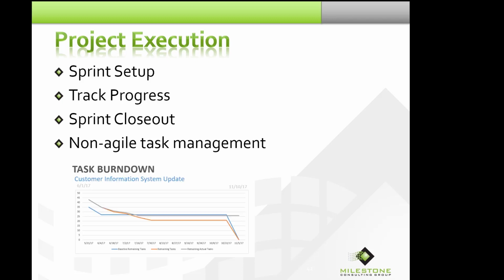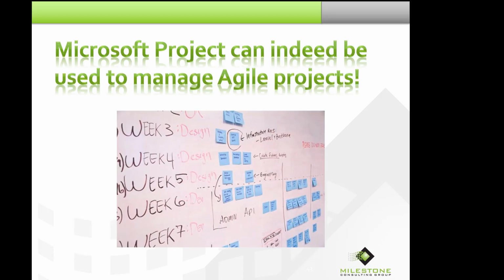And if you have non-Agile tasks inside your project schedule, make sure to manage those as appropriate. So, as we've seen, Microsoft Project can indeed be used to manage Agile projects, and it can be very effective.